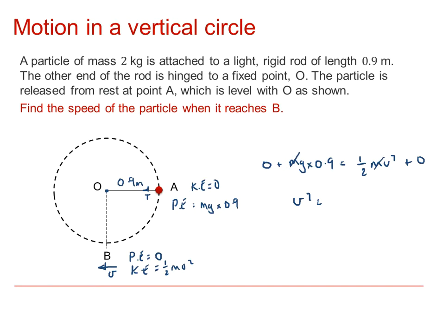That's 1.8g, and v is therefore equal to the square root of that, which is equal to 4.2 metres per second.